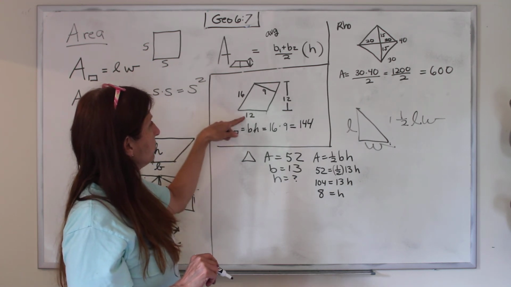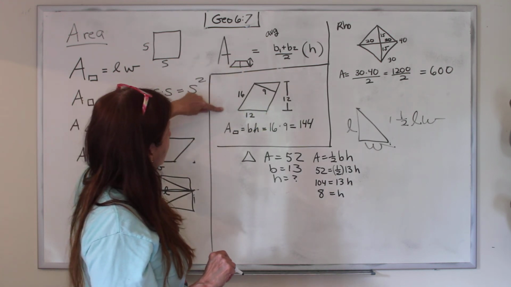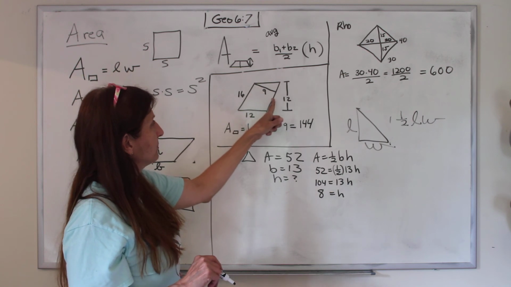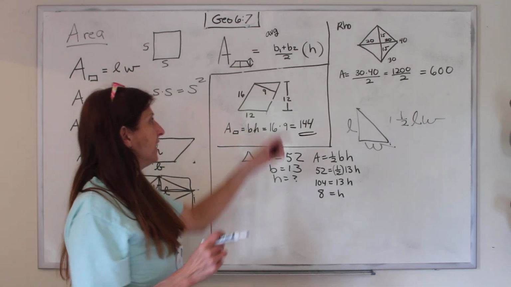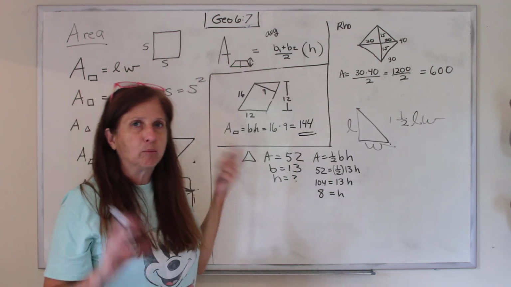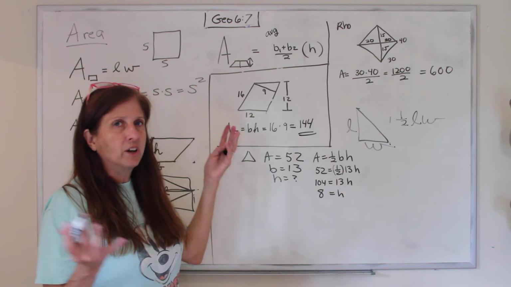So we could either do 12 times 12, or we could make this the base and do 16 times 9. Either way, it's 144. And on the SAT, they will often turn the shapes weird ways so that you don't see what you need to do.